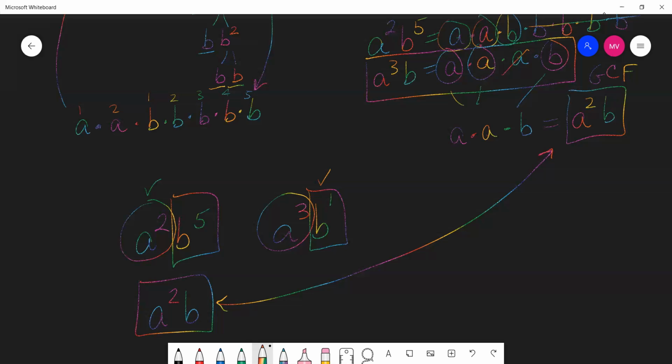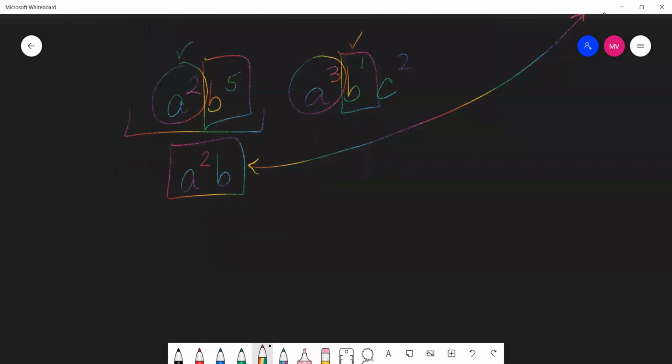Then you look at your b's, which one has the lowest exponent? That's your greatest common factor. Now keep in mind, if you have a c squared on the end of this one, but there is no c over here, then there is no c in your greatest common factor. Just ignore it. All right, let's move on through these.